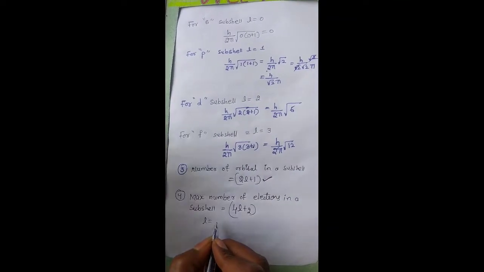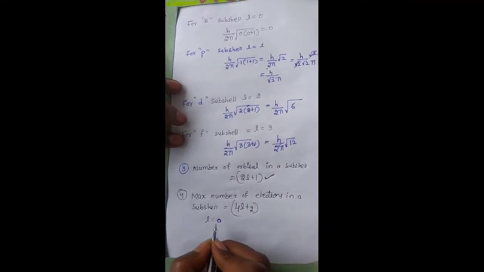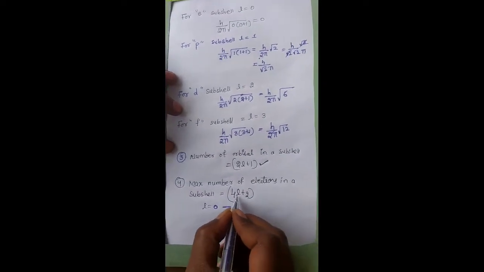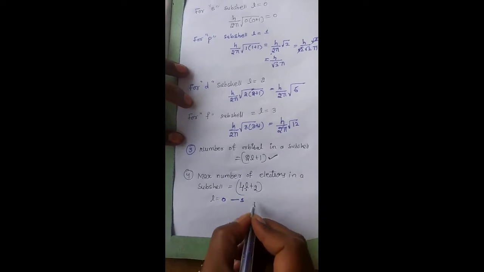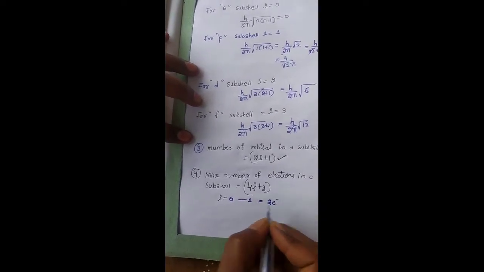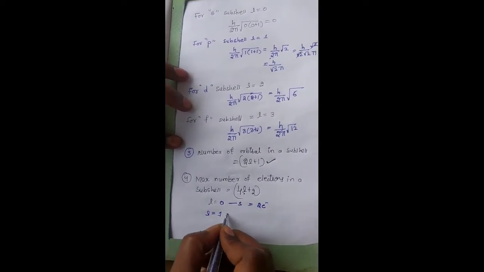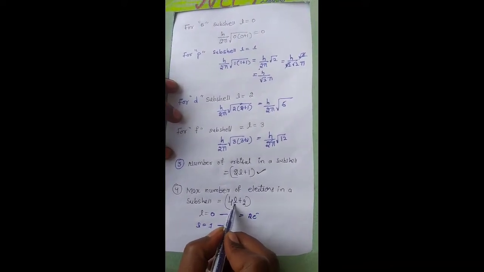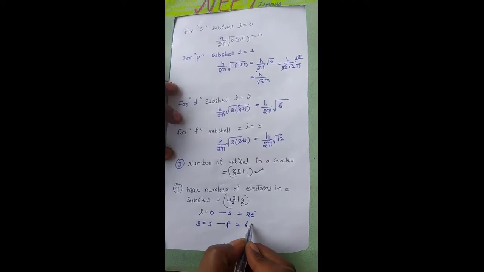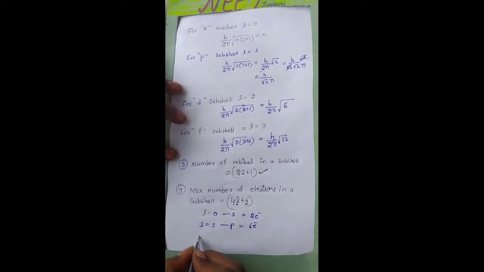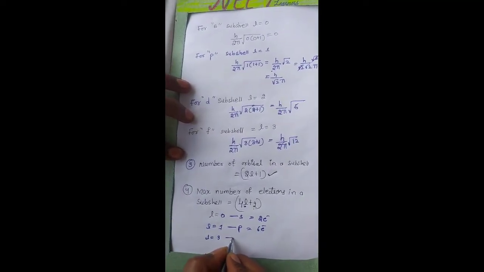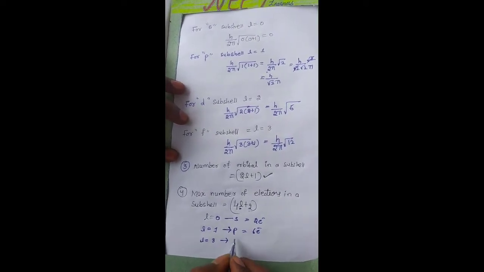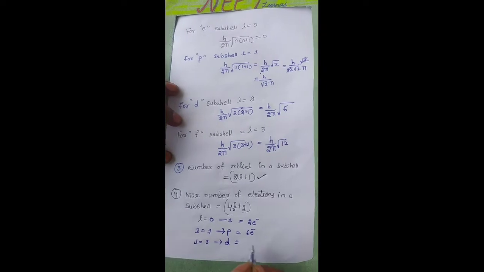Okay, students, let's take if L is equal to 0. The first one, yes, it is an s orbital. So substitute 0 here: 4 into 0 is 0, plus 2, so it is 2 electrons. If L is equal to 1, the p orbital, substitute 1 here: 4 into 1 plus 2 is equal to 6 electrons. L is equal to 2, it's a d orbital.